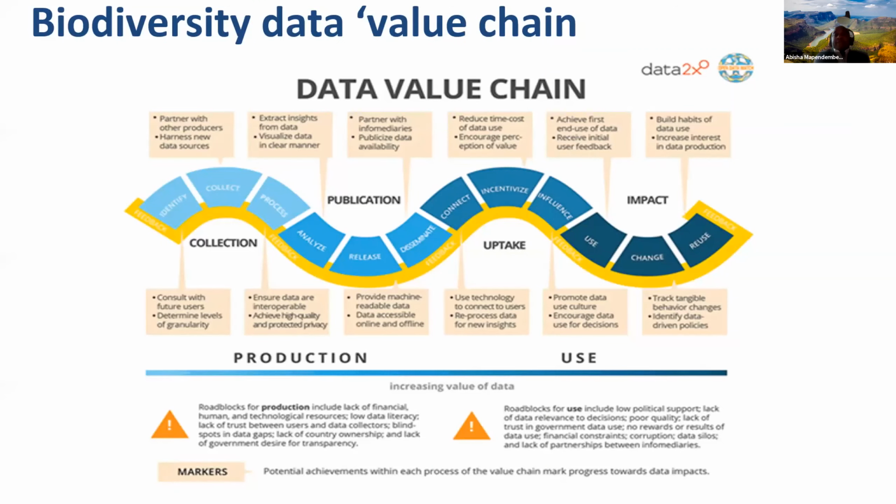So there are several illustrations of the biodiversity data value chain itself that are available. I've decided to go for this one, but I know some other organizations that have been using this approach for quite some time, such as SANBI in South Africa, who also have an illustration, and I have an example of that, I think, in my last slide.